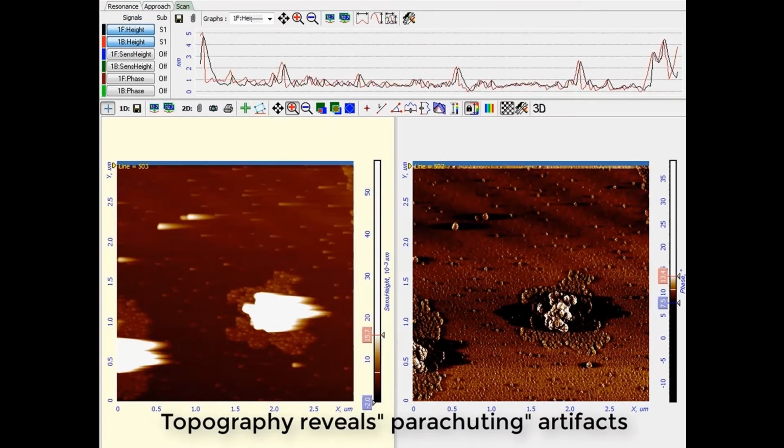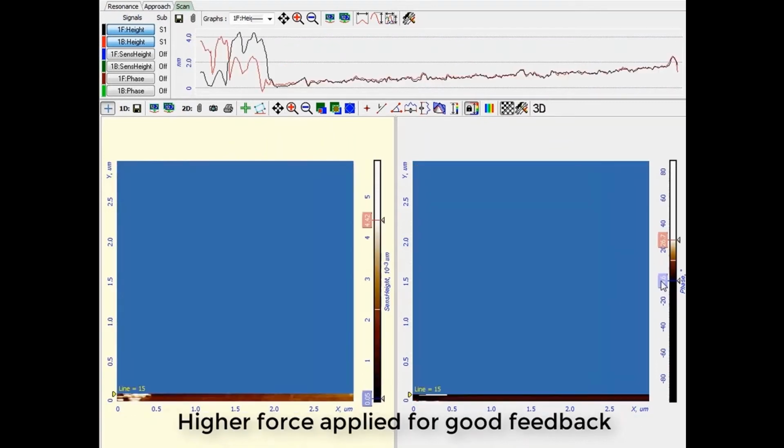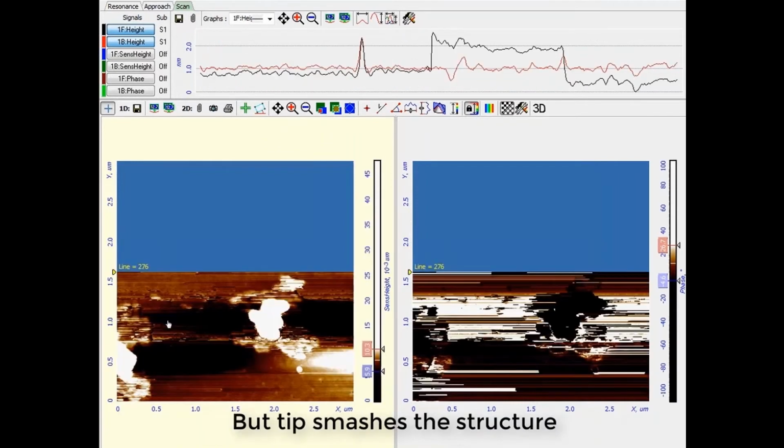If one would try to increase the force acting between the sample and the cantilever, the sample is damaged. The sample is crashed in this example.